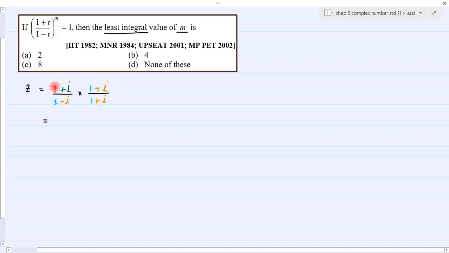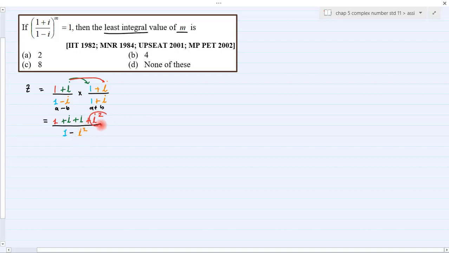So, in numerator, we will get 1 ones are 1, 1 i's are i, i ones are i, and i's are i square. And in denominator, we have a minus b into a plus b form, which will become 1 square minus i square.